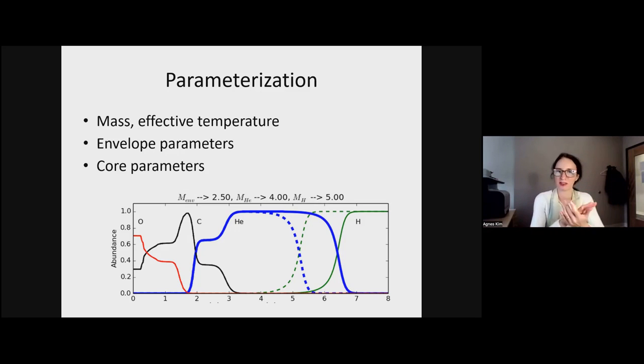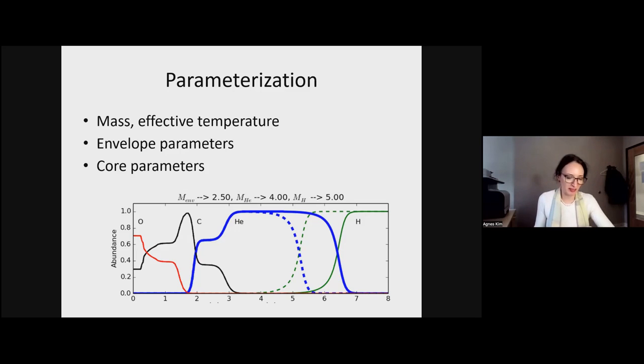And then there's a set of parameters that have to do with the envelope, the helium and the hydrogen in the model. And then there's a set of parameters that have to do with the core, the oxygen and carbon rich part of the model. So all in all, with WDEC, that's 15 parameters.